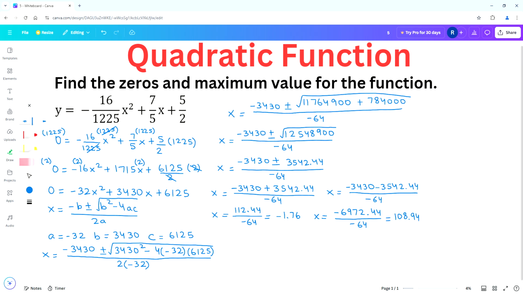The second zero is 108.94. This quadratic function has two zeros. This is the answer for the first part.